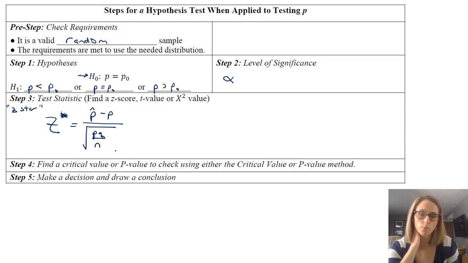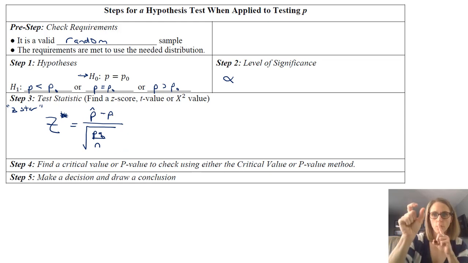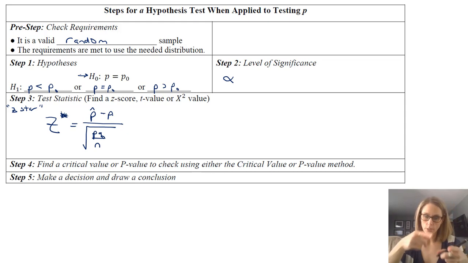That's your test statistic. What it's really looking at is how far apart p and p hat are, in terms of standard error, which is what you have in the denominator. Once you have that, then you find your critical value or p-value to check against it.